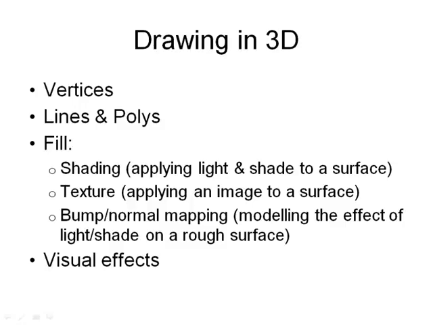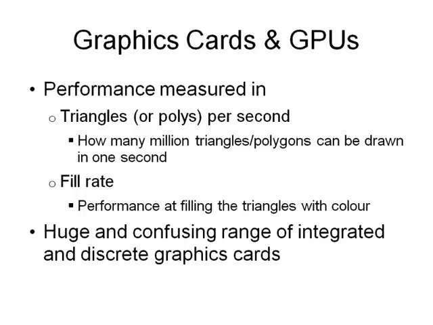So you can see how the light or shade is spread across a rough surface, and you can perhaps see the bumps and grooves on a surface. And then there's a huge, massive range of different visual effects that can be applied as well. Different light effects, different glossy or glowy effects. There's a huge range, things like fog and so on. It goes on and on.